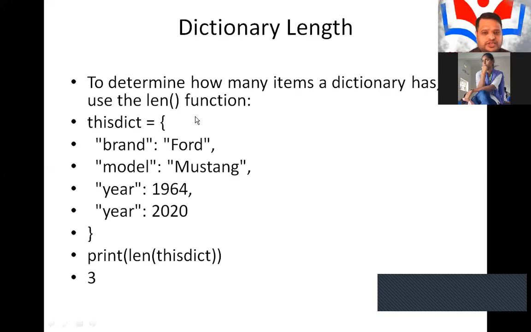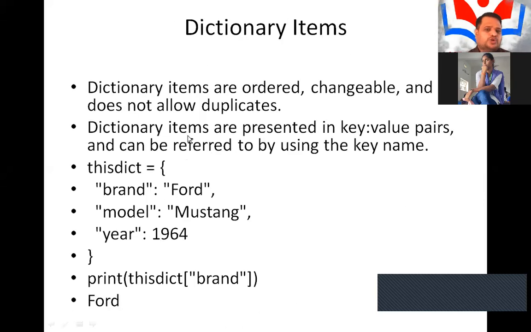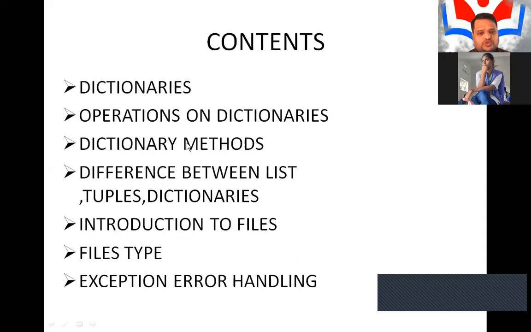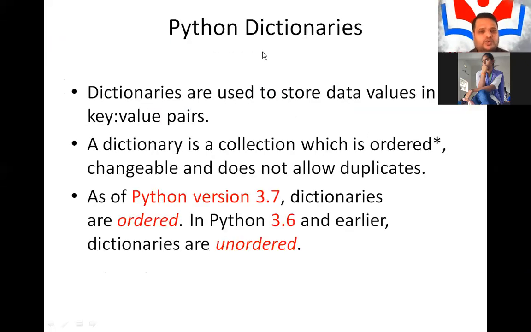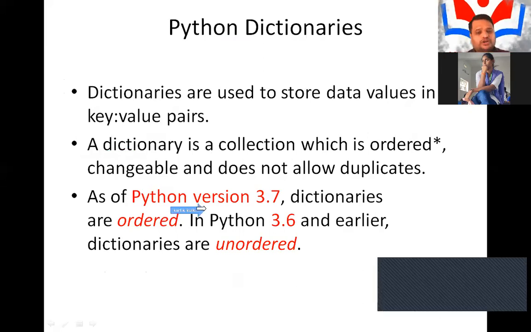Now, just a quick recap of today's class. In today's class we had a discussion regarding what we mean by Python dictionaries, how the dictionaries are specified, what the definition of dictionaries is, and what version of Python tells you that the dictionaries are ordered and unordered.